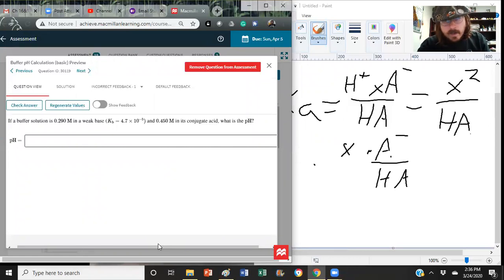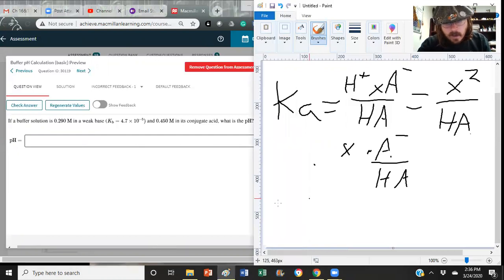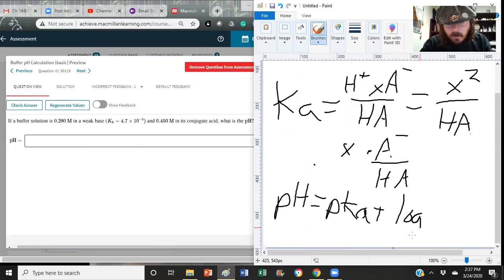The Henderson-Hasselbalch equation rearranges this so that I take the negative log: pH equals the pKa plus the log of, I'm trying to think, the log of A minus over HA, if I'm not mistaken, right? It's over 2, times 0.45. Okay.